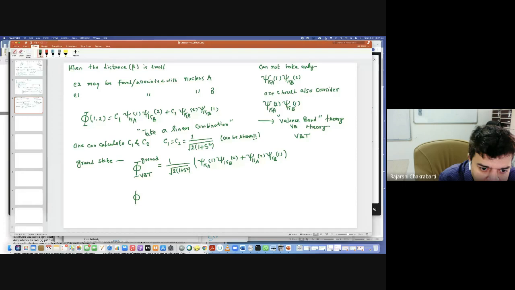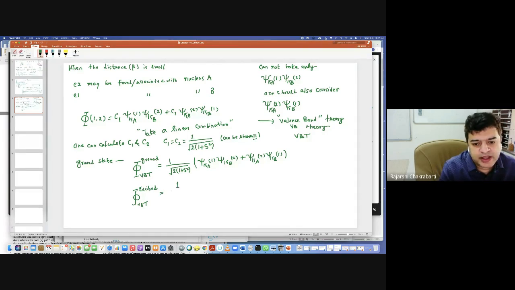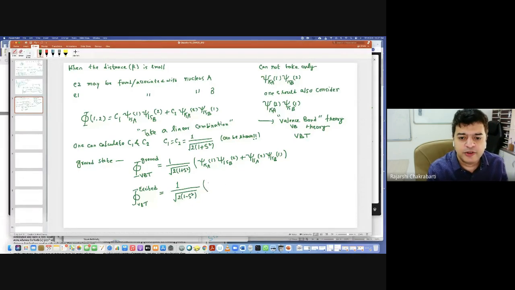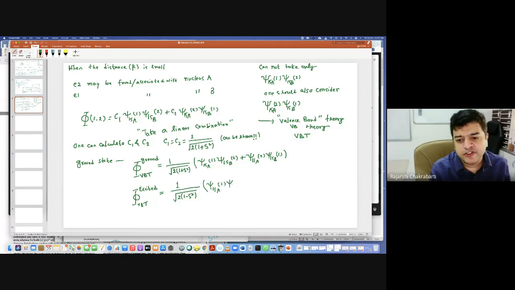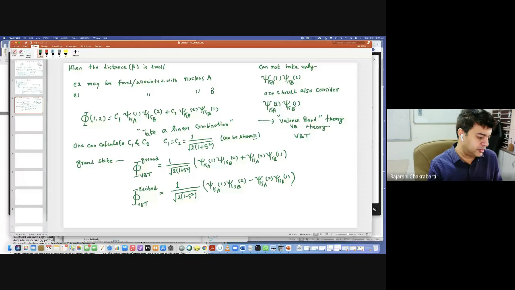Also, you have one for the excited state. Can anyone tell me what will be the answer? Actually, you'll see that it comes with a minus sign, and here also you have a minus sign. But this is different from your MO. Look at it. This is from your MO description, isn't it?